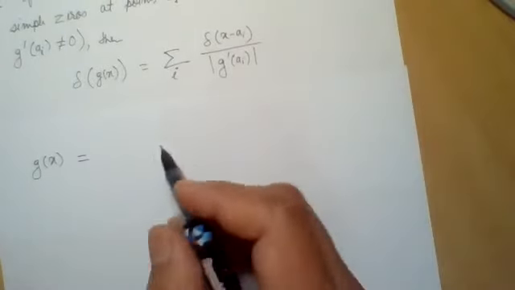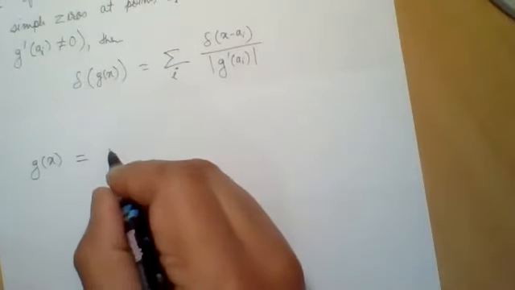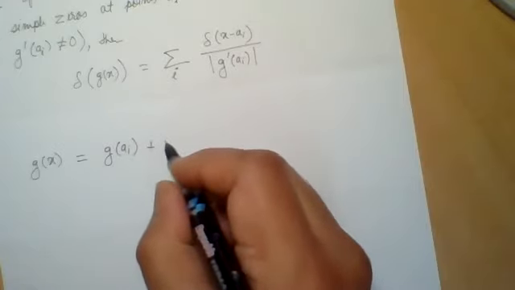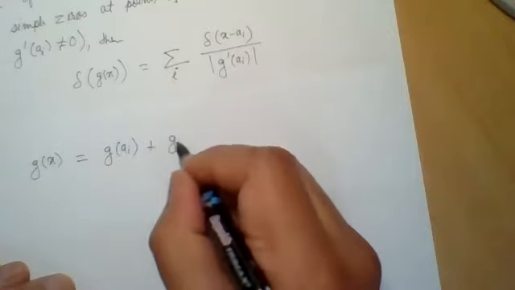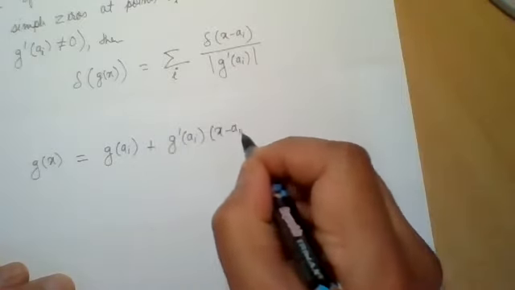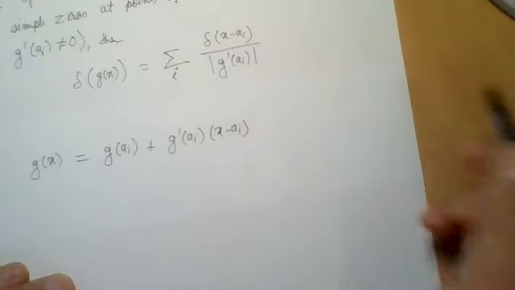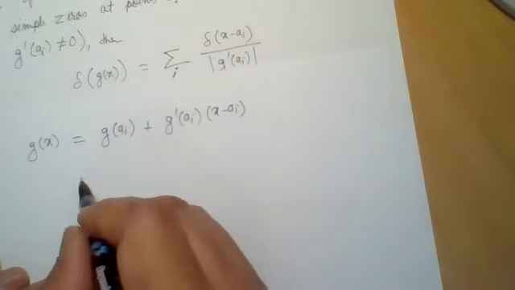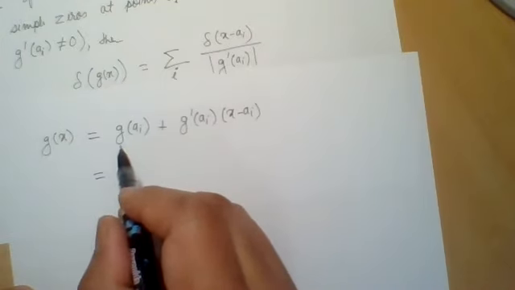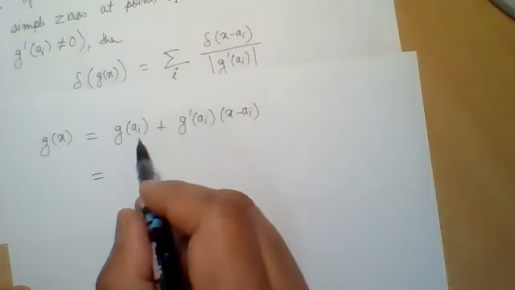G of x is equal to g of ai plus g prime ai multiplied by x minus ai. And higher order derivatives are 0. And since ai is a zero of the function g, the value of g at x equal to ai is equal to 0.